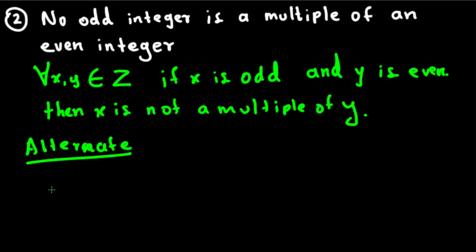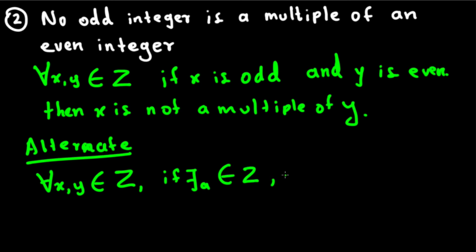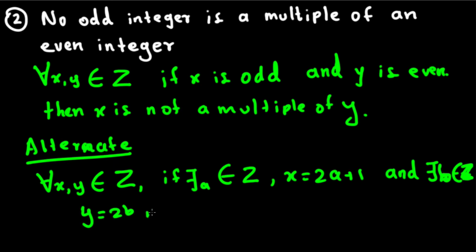Now let's write this one in an alternate way. For all x, y belonging to the integers, if there exists a belonging to the integers such that x is equal to 2a plus 1, and there exists b belonging to the integers such that y is equal to 2b, then for all c belonging to the integers, x is not equal to yc.